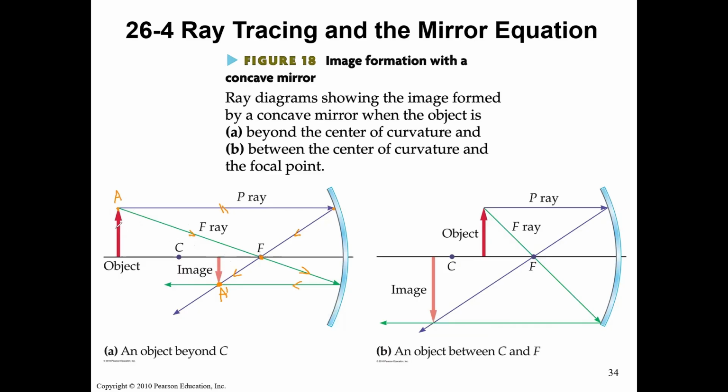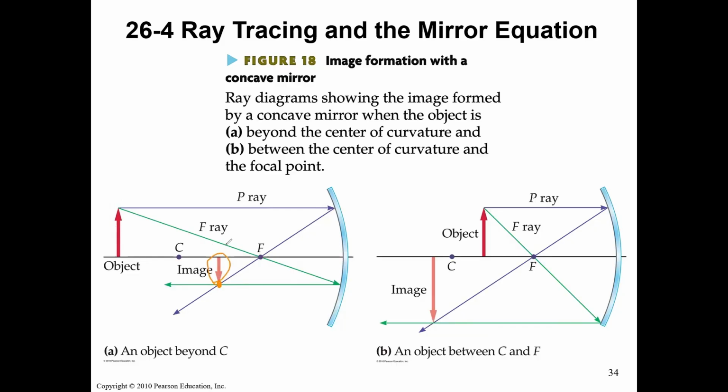the principal axis. And if we do this for different points on the object, we can see that all those points will be imaged to a point that's below the principal axis. In other words, the image is going to be flipped. It's going to be the opposite direction of the original object. Okay. The second thing is that we see that the light rays actually converge on this image, which tells us that the image is actually a real image.